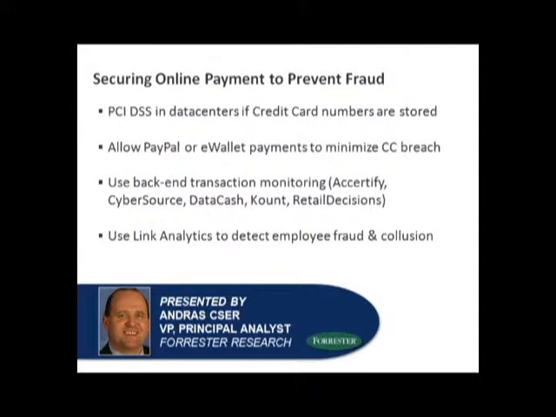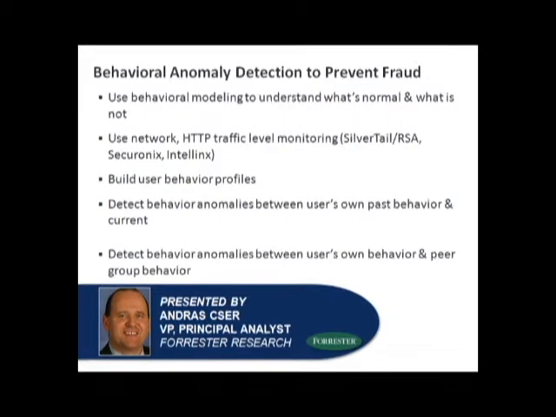There is software that can detect this, and it can also visually represent these fraud rings. So that's a very important thing there. Obviously, I talked about behavior anomaly detection for fraud prevention, really understanding behaviors out there, understanding what's normal, what's not normal is very important.